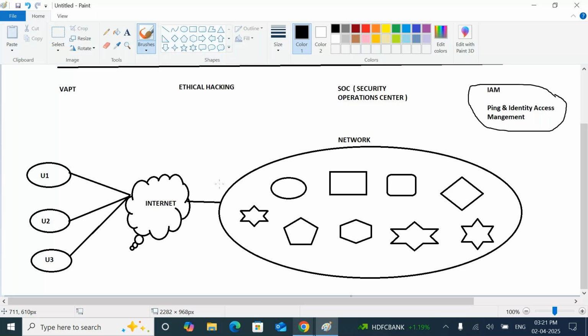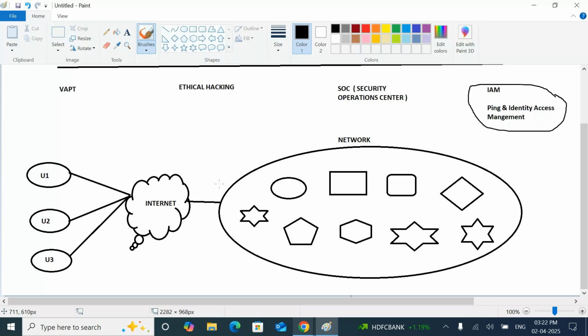If any weak points are there, they will run test cases and monitor the entire network for security breaches, vulnerabilities, or security gaps.